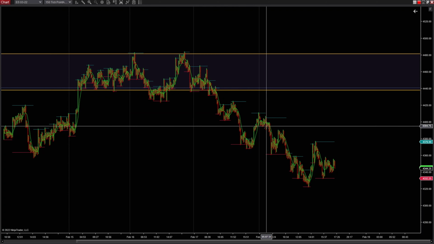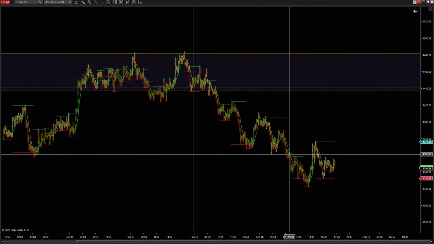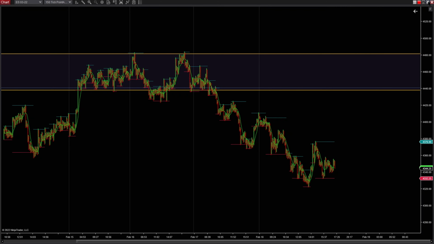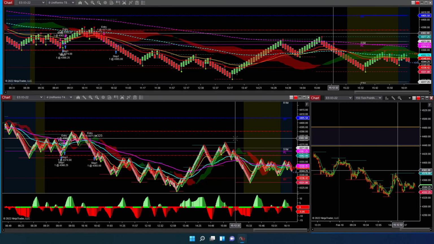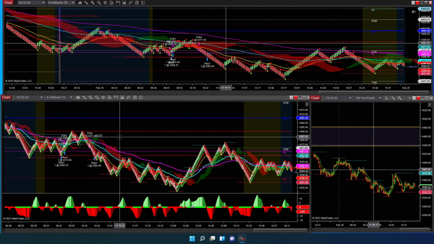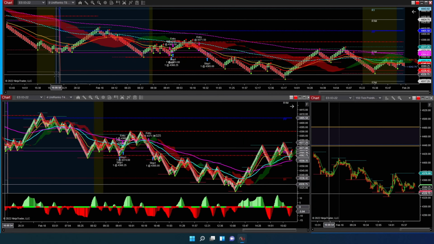So there was some movement to the downside, and that's why I took the trades on Friday. However, two of them didn't work out, and one of them did. So I didn't feel comfortable trading ES, and that's why I did those three trades. So two losers and one winner.